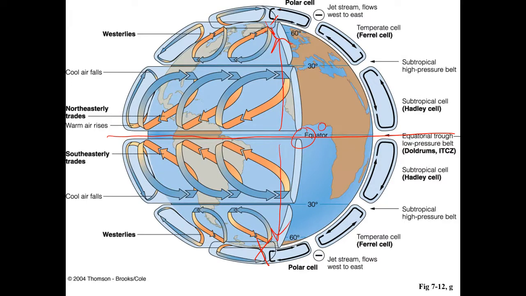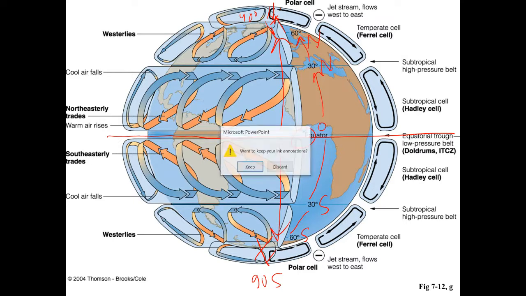And sure enough, we do. The mirror image is 0 to 30, 30 to 60, 60 to 90 degrees. The only difference is these are north, and these are south. Okay, so that's your mirror images with your latitudes.